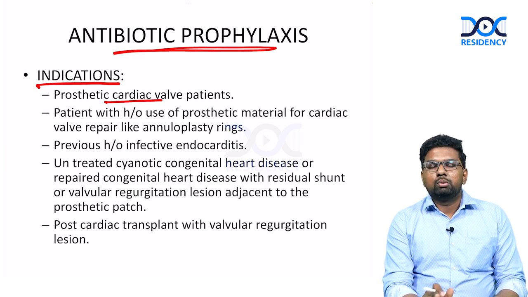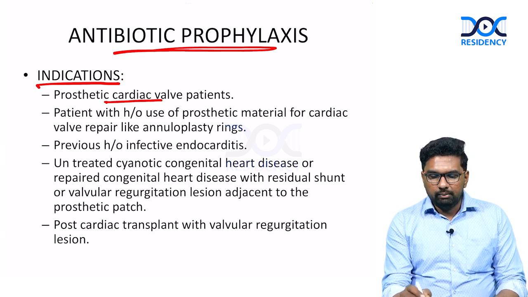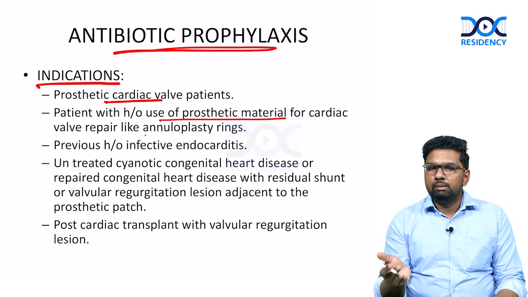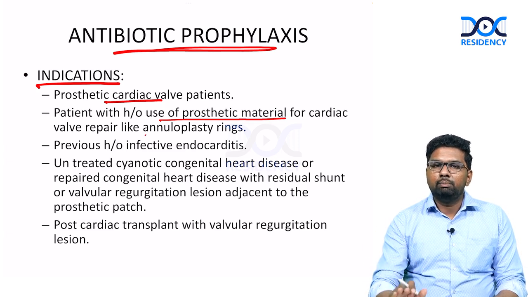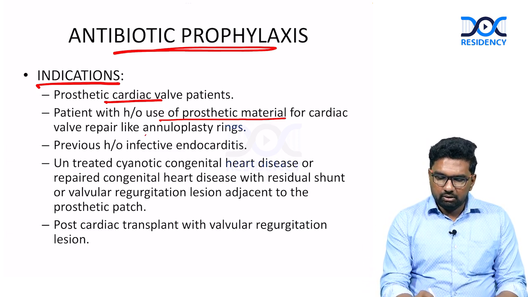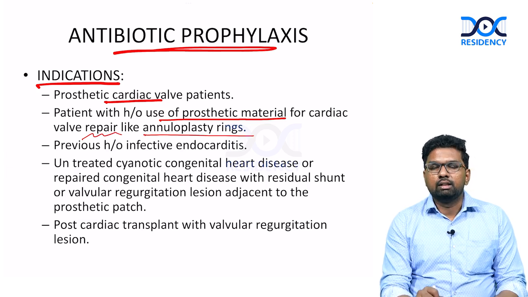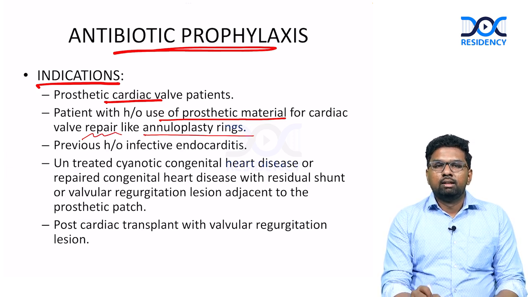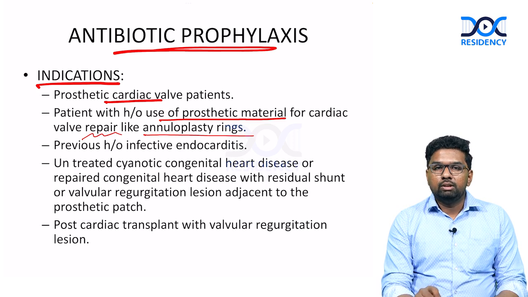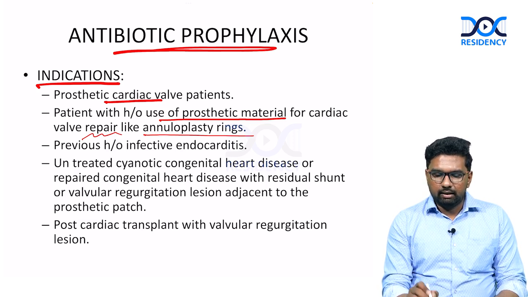Any patient with a prosthetic cardiac valve should take antibiotic prophylaxis for sure. Patients who have artificial prosthetic material used for cardiac repair, even if no replacement was done, just a repair with an artificial ring like an annuloplasty ring, should take antibiotic prophylaxis.